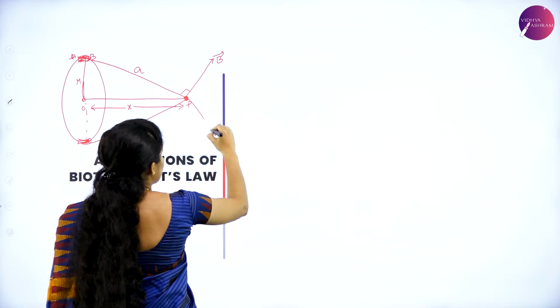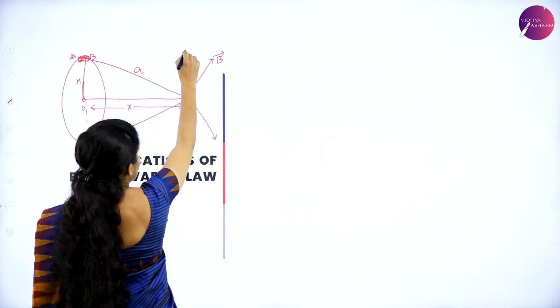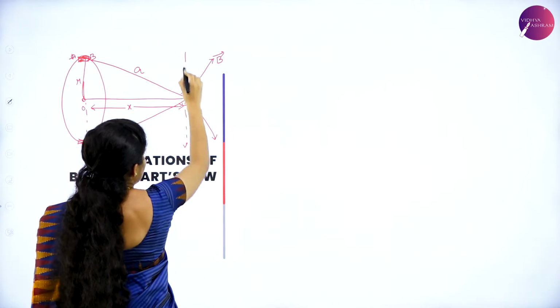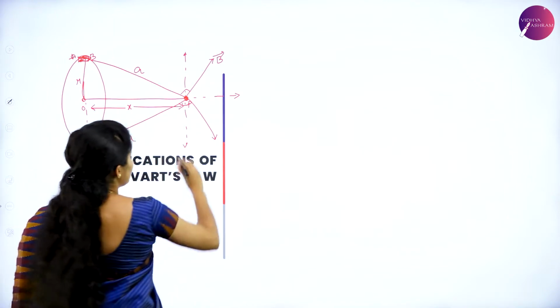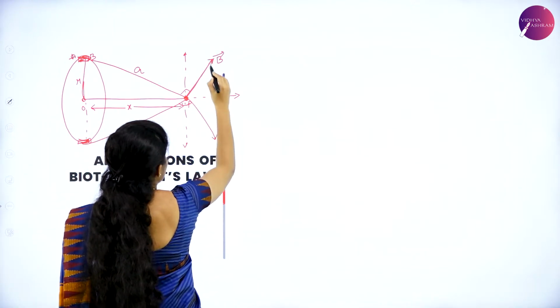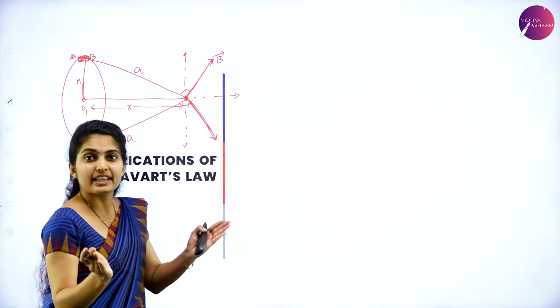Similarly, in this case also we have 90 degrees, and there are 2 vertical components and 1 horizontal component. That is nothing but the resolution of this vector as well as this vector. What is resolution? Splitting up.